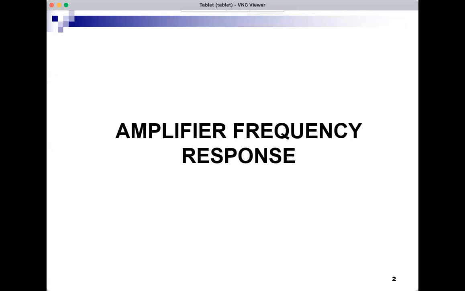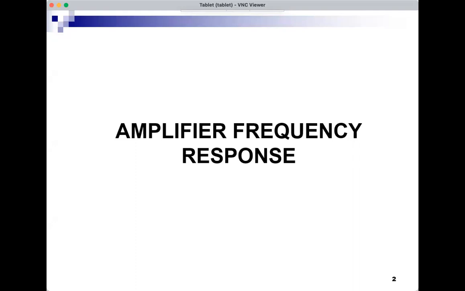Of course, the frequency in the output will change with the frequency in the input. If the input frequency is 1000 hertz, the frequency of the output should be 1000 hertz. And if the input frequency is 10,000 hertz, then the output frequency should be 10,000 hertz. Here I'm assuming a linear amplifier, which is the case in our study.